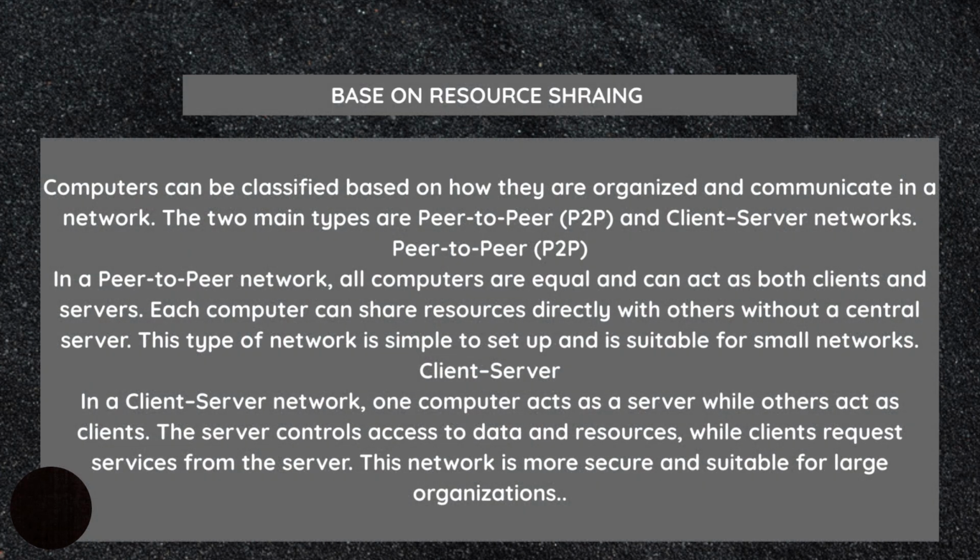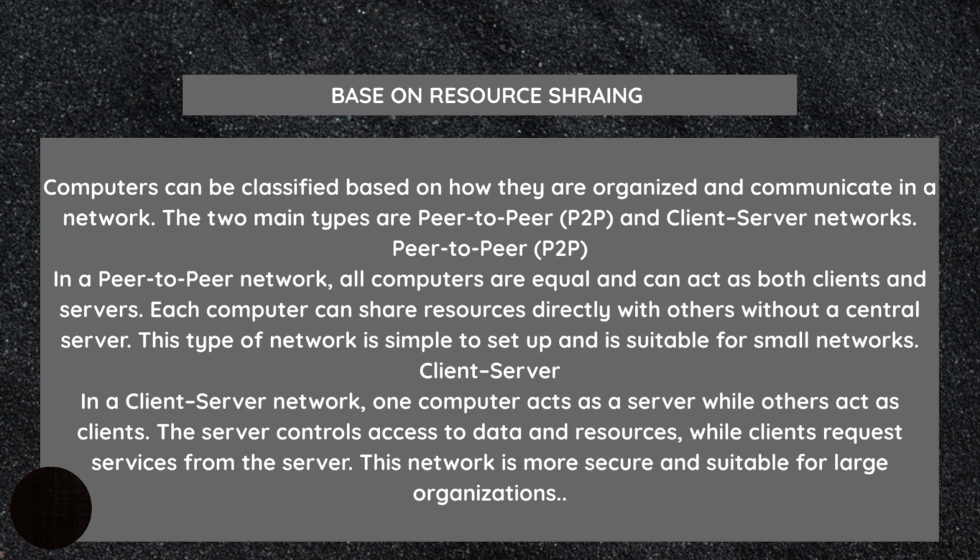We are now going to go into the other ways in which a computer network can be classified or divided. Computers can be classified based on how they are organized and communicate in a network. There are two main types, peer-to-peer and client-server, which are known as computer architectures.